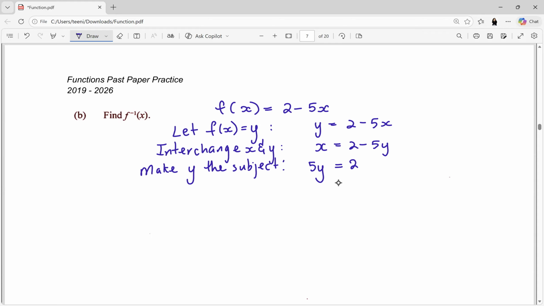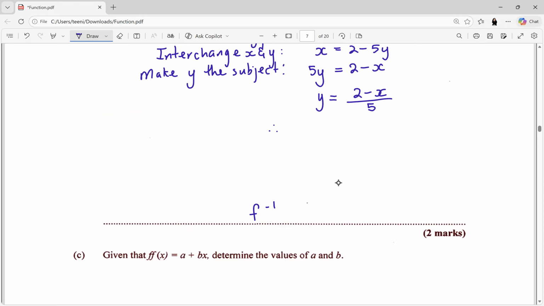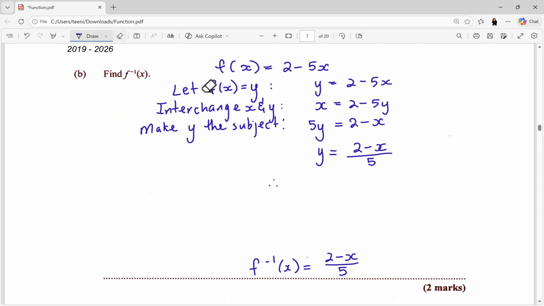Keeping 2 on this side, I'm going to move x to the other side, which will be minus x. So you'll have 5y is equal to 2 minus x. So then y is equal to 2 minus x divided by 5. So f inverse of x would be 2 take away x over 5. And it's 2 marks. 2 easy marks, guys.